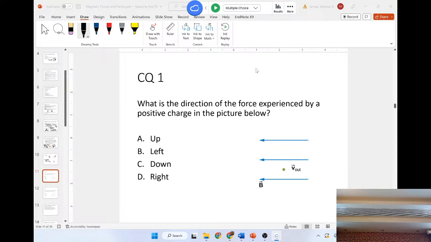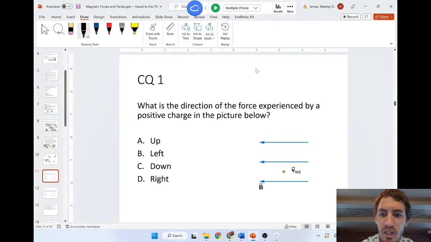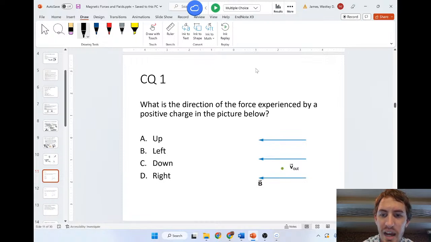Here, I can only swing to the left. That's the wrong way. I like to think of B as like a door, swinging in the direction of B. So I swing it. That worked. My thumb is pointed down. Once you have the right direction, your thumb tells you the force on this charge is going to be down.